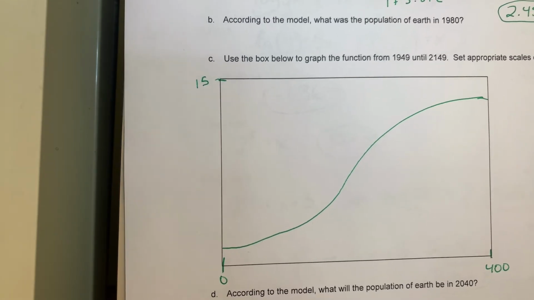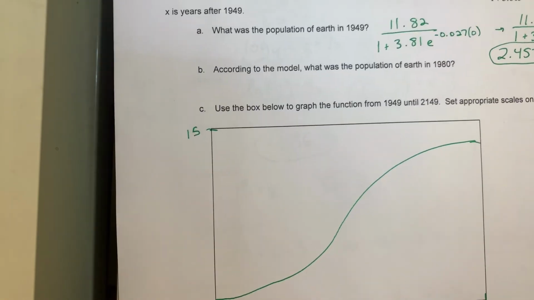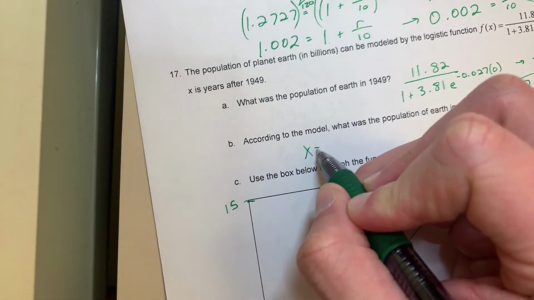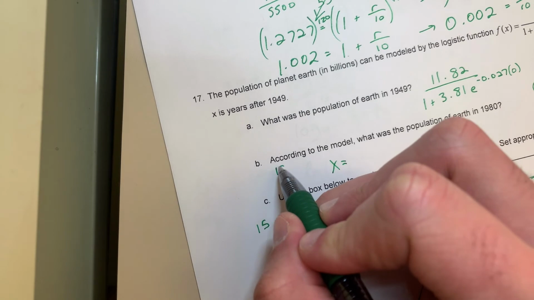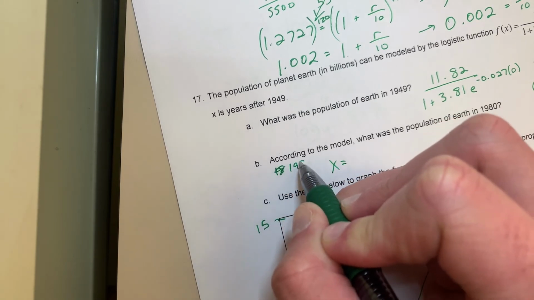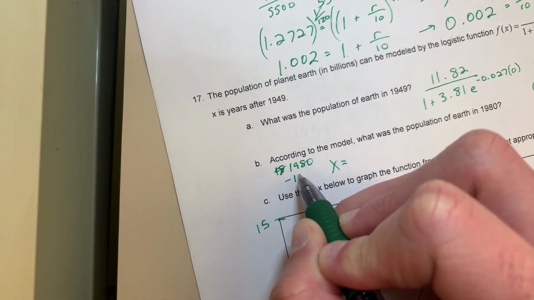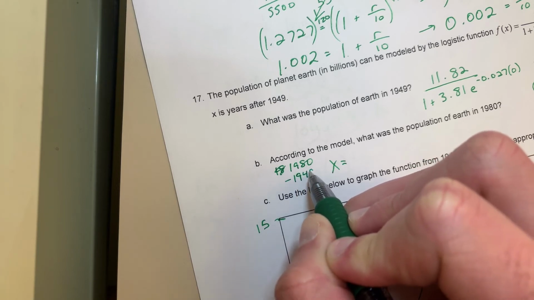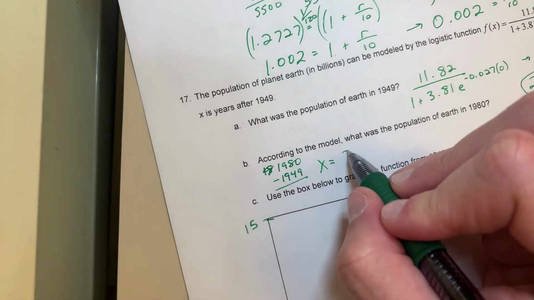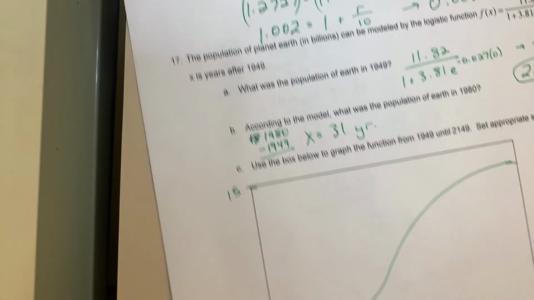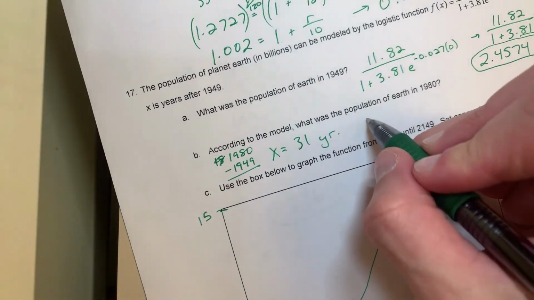So according to the model, what was the population of Earth in 1980? Okay, so we need to figure out what x value it is talking about. How many years after 1949 is 1980? Simple subtraction, 1949 subtracted from 1980 gives about 31 years. So I want to figure out when x is 31, what is y?